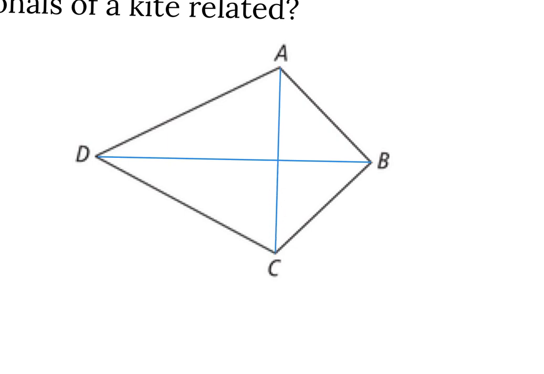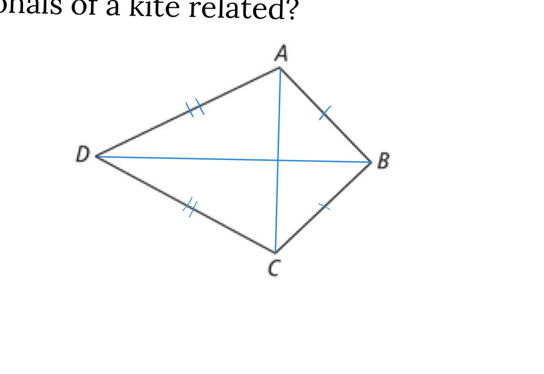Okay, so I have my two diagonals. I know that with a kite, this side is congruent to this side, and then this side will be congruent to this side.